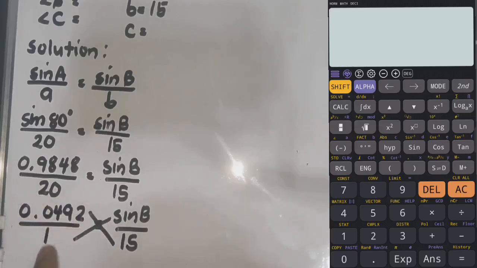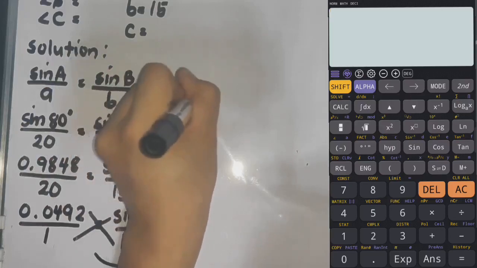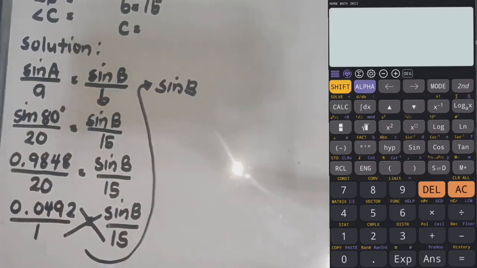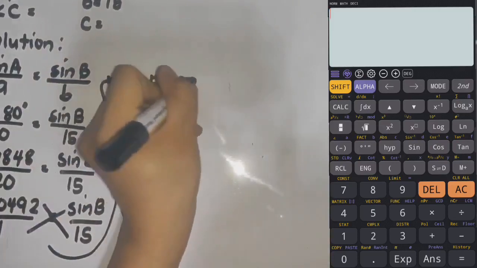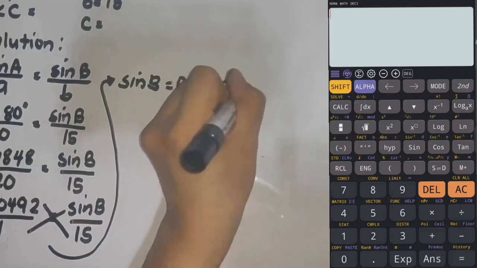So, makikita natin yung ating 1, ang kapartner ay sine B. So, kopyahin na lang natin yung sine B. Kasi 1 yung kapartner niya. Okay? So it will be, so sine B. 1 times sine B. And then, ang magka-partner 0.0492 times 15. So, i-write lang natin equals 0.0492 times 15.